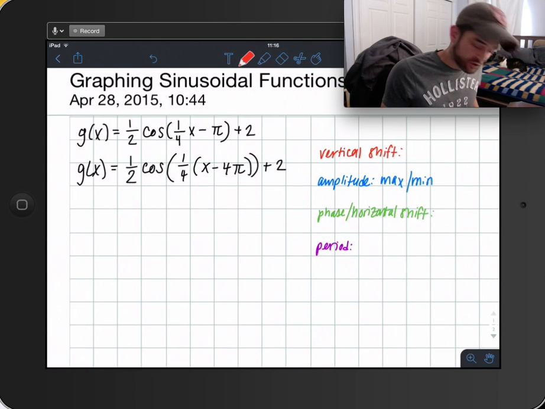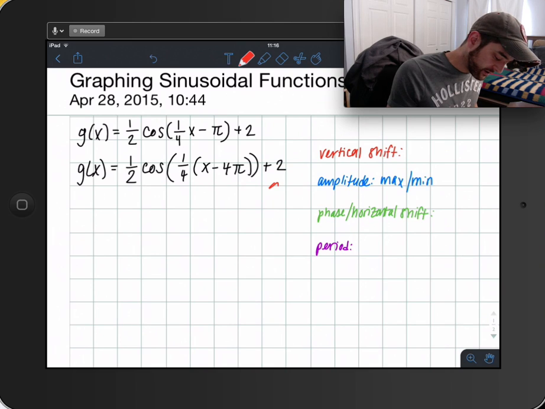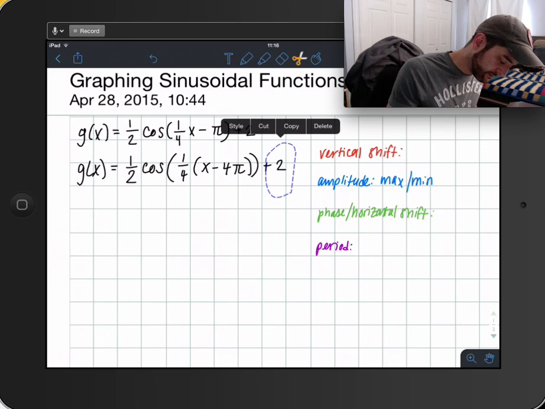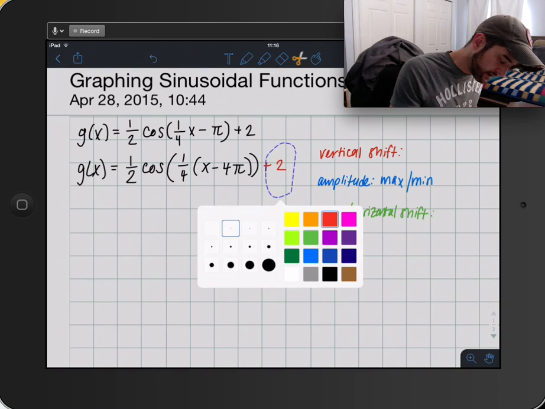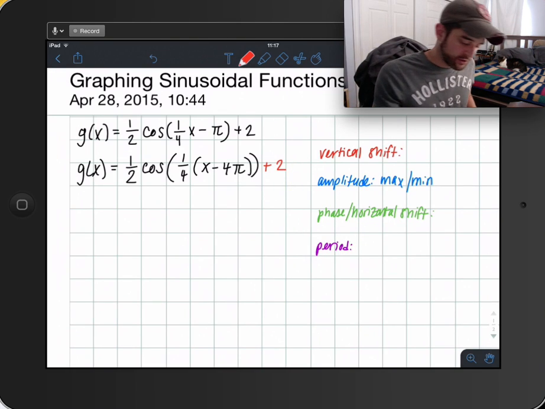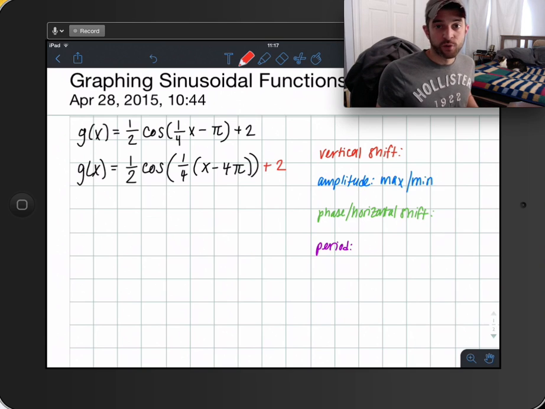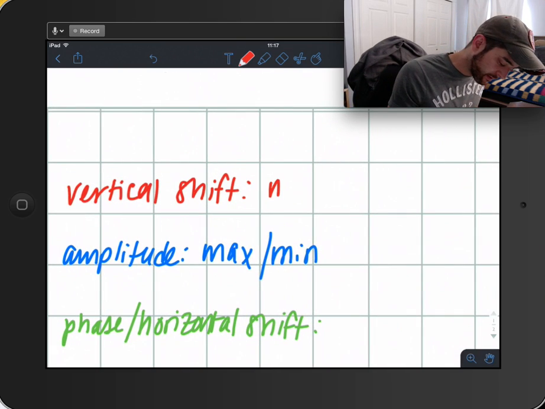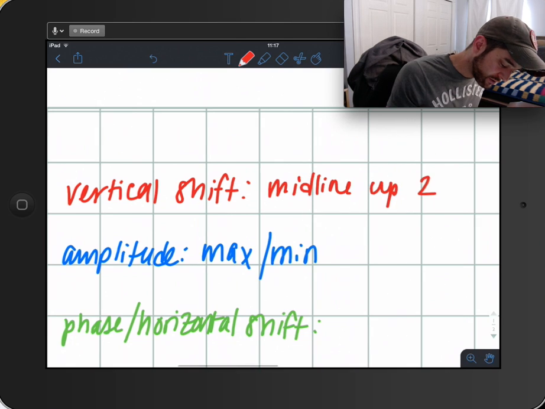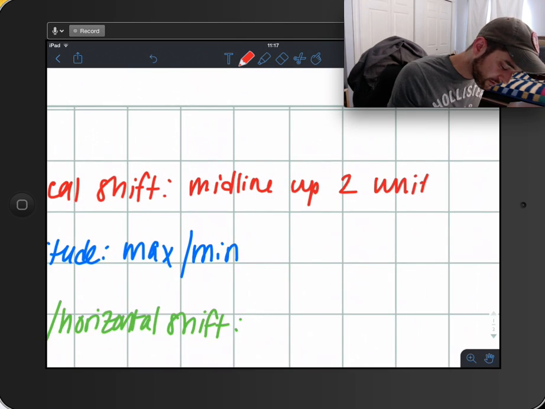The first one is vertical shift, and that of course is the value on the end. Because the value is plus 2, that means the midline of the function is going to move up 2 units.